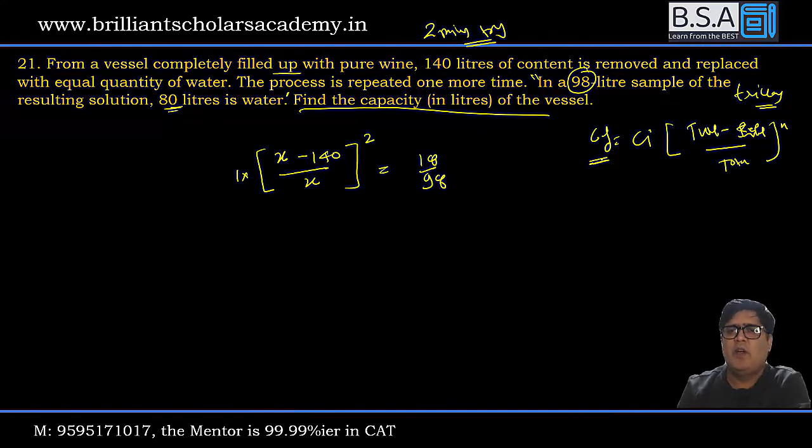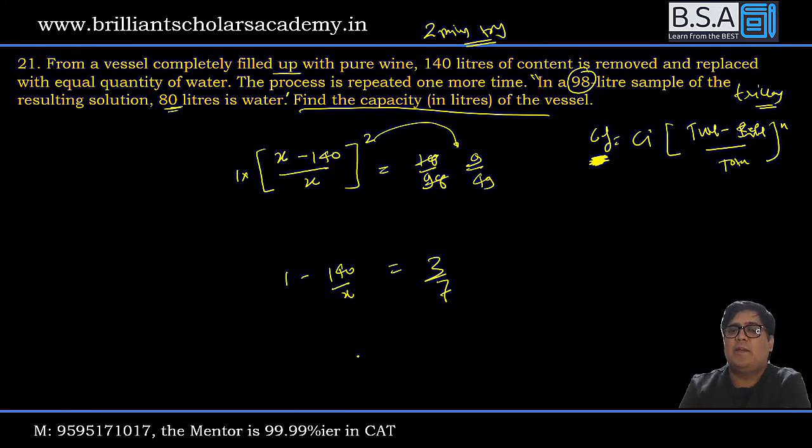Totally up to you. So concentration of wine is 18 by 98. So बन गया आपका क्वेश्चन. This is 9 by 49. अब ये स्क्वायर इधर आ जाएगा, बन जाएगा स्क्वायर रूट. So 3 by 7.